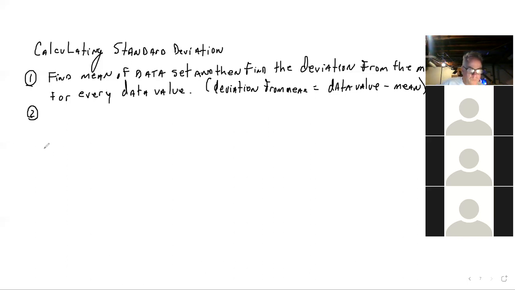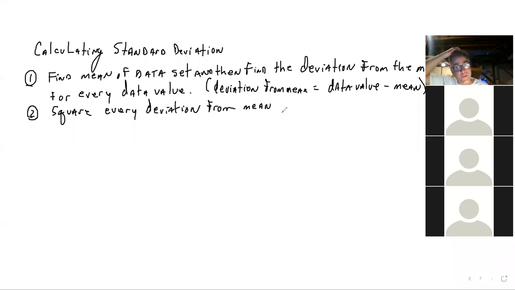So I'm going to square every deviation from mean, so that I don't run into that problem of adding them all up and getting 0. I.e., raise them to a power of 2.